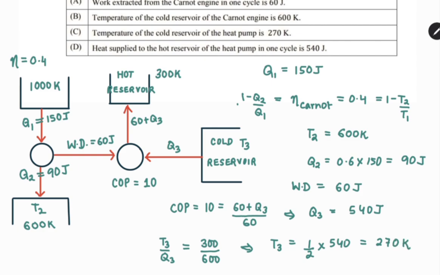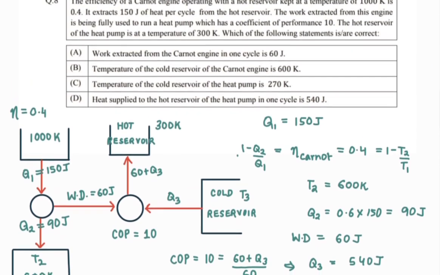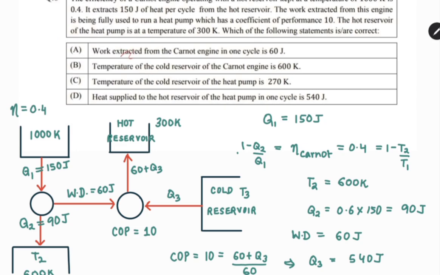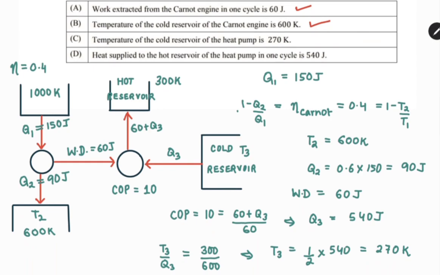Let us go to the options to check how many are correct. Work extracted from the Carnot engine is 60 joule, so it is correct. Temperature of the cold reservoir of the Carnot cycle is 600 Kelvin, this is also correct. The temperature of the cold reservoir of the heat pump is 240 Kelvin, so we have obtained this at the last, this is also correct.